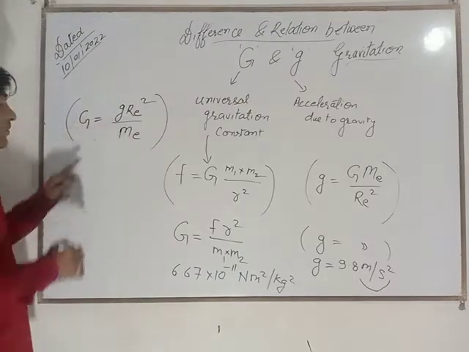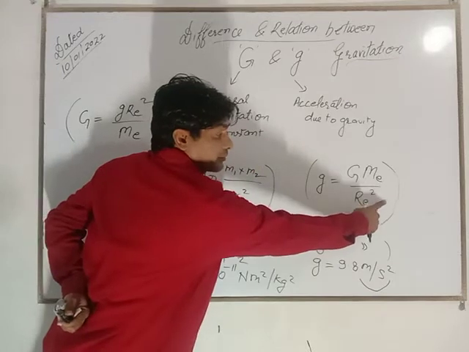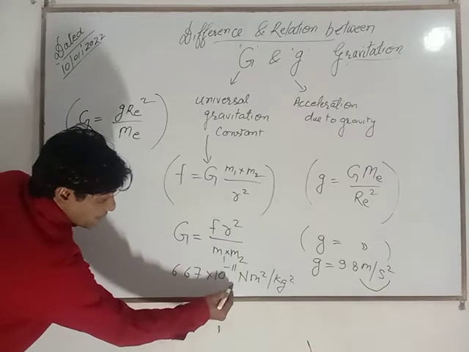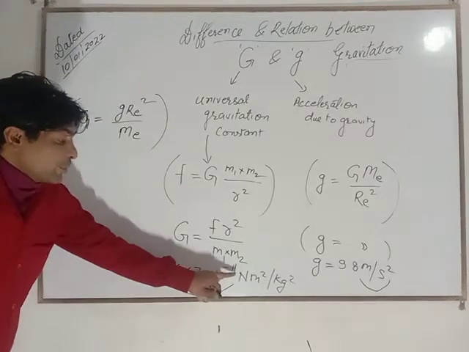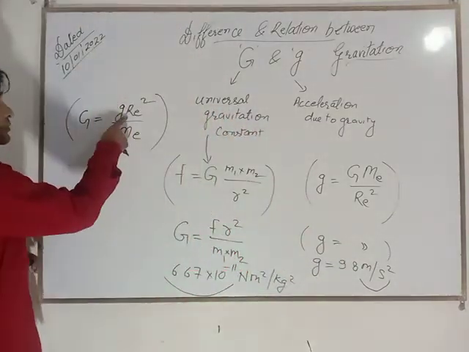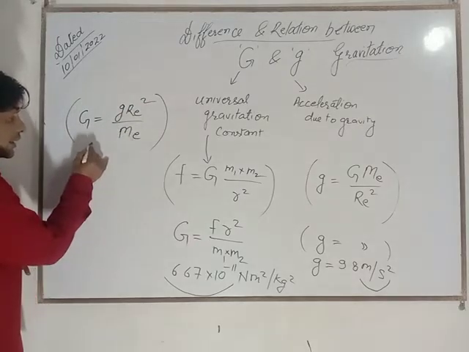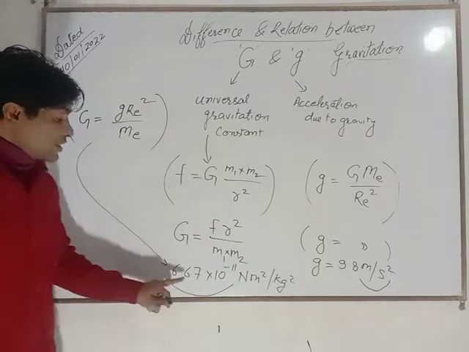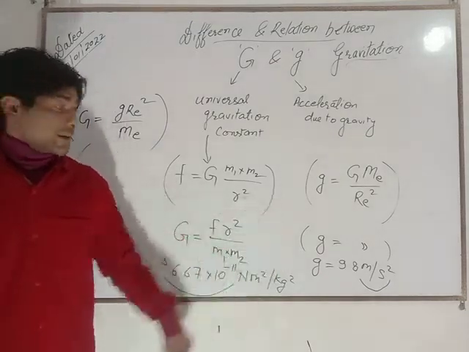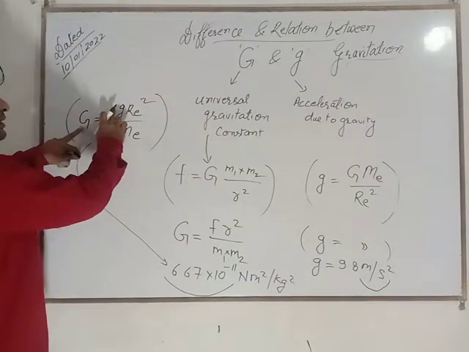And from the formula, 9.8 meter per second square is calculated. When you put g equal to 9.8 meter per second square, with the radius of the earth squared and the mass of the earth, you will find the value 6.67 into 10 power minus 11 Newton meter square per kg square. This is the relation between capital G and small g.